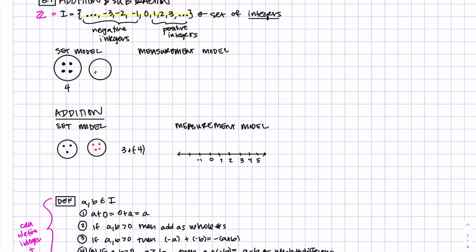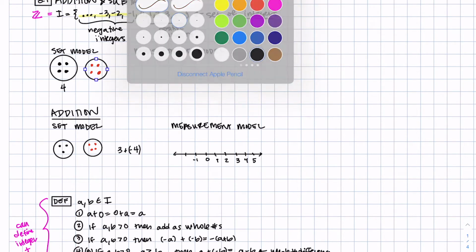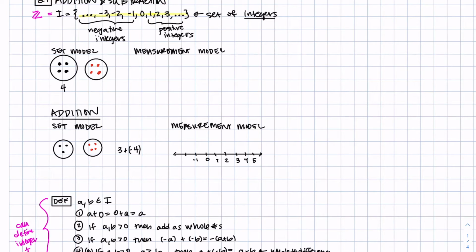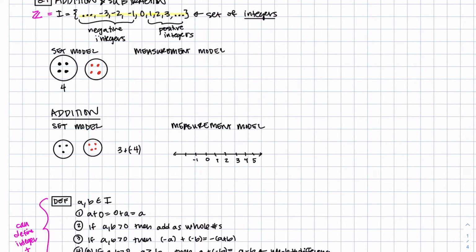In this model, one thing you can do is use different colors to denote whether your elements are positive or negative. Your book uses red dots to denote negative numbers. So you might use this set model by using different colors or different shapes to denote negative versus positive numbers.